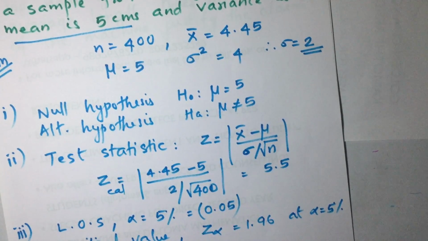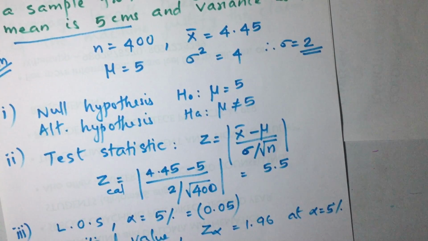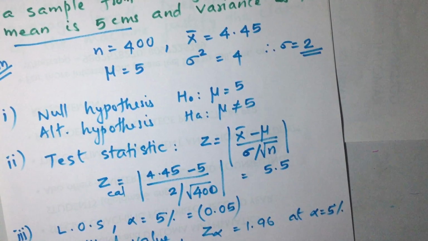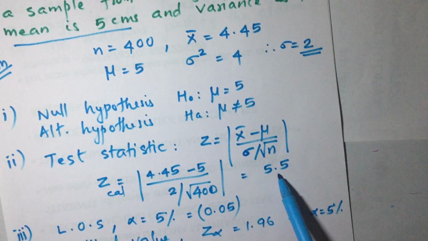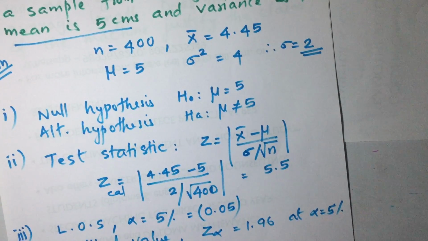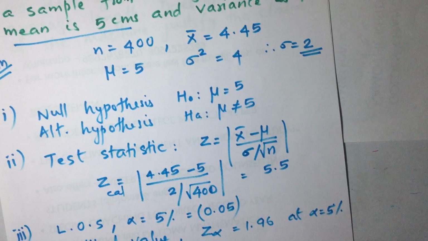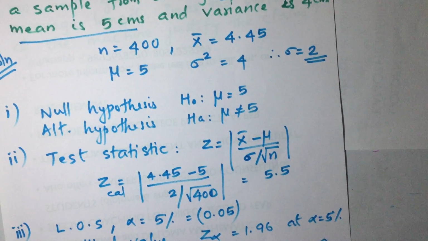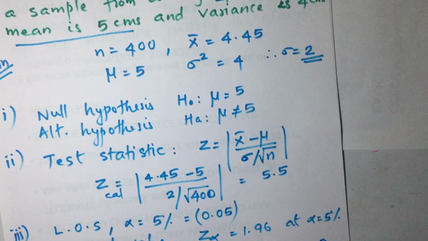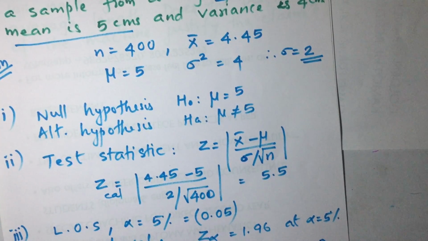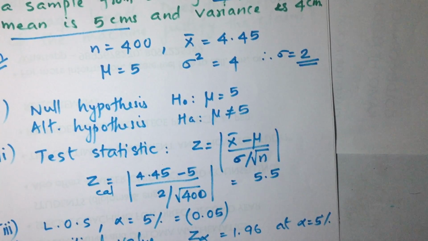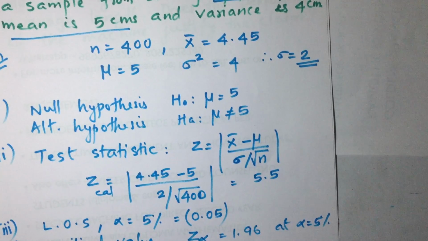Then fifth, the decision. What decision and conclusion will you take? This z calculated value, 5.5, is very much greater than z alpha. If you consider the curve, here is 1.96, z alpha, and the calculated value 5.5 is somewhere here, after 1.96, in the region of rejection.